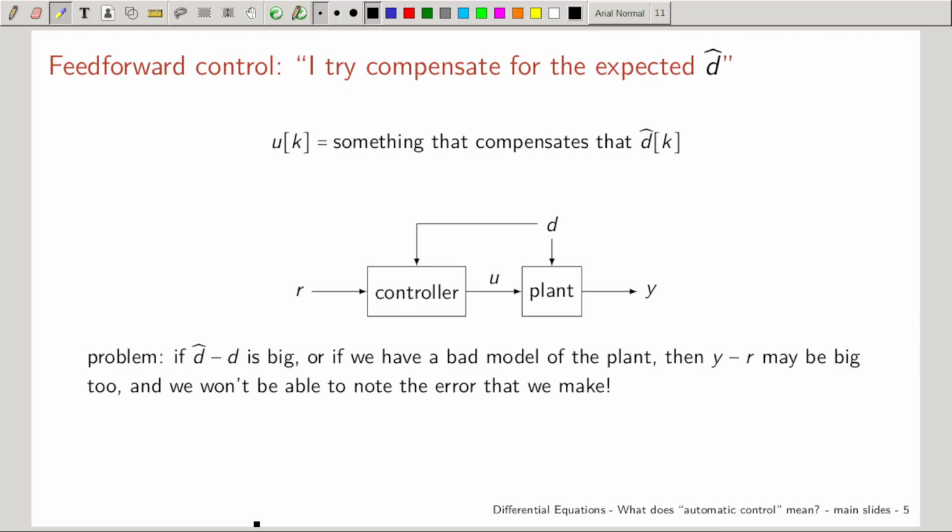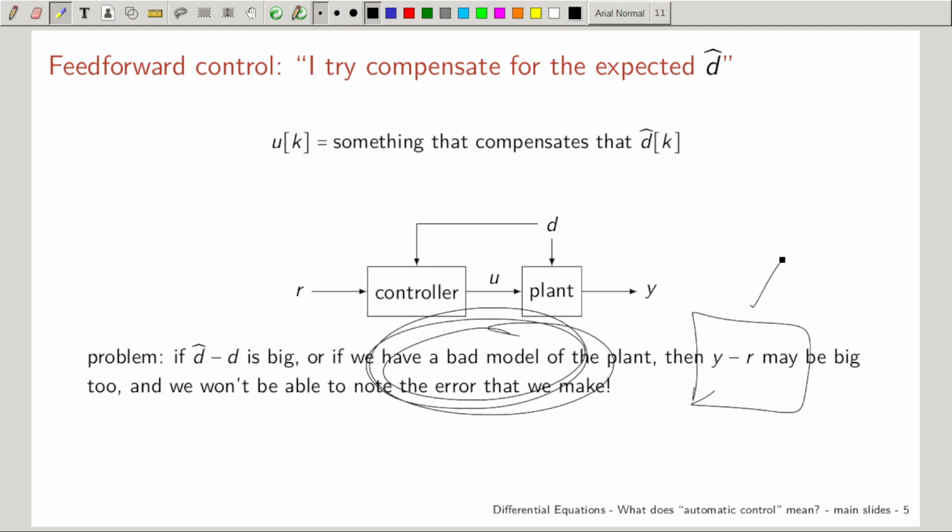If I've got an ODE that is not accurate enough, the worse the ODE, the bigger this one. The worse the forecast that I have on the disturbance, the bigger this one is. Are we together? Do you see the effects? Feed forward means I use my model to compensate, and I use my forecasts of the disturbance to compensate.